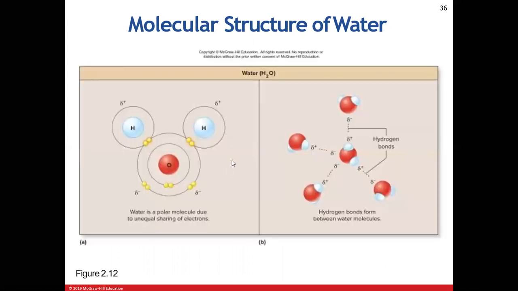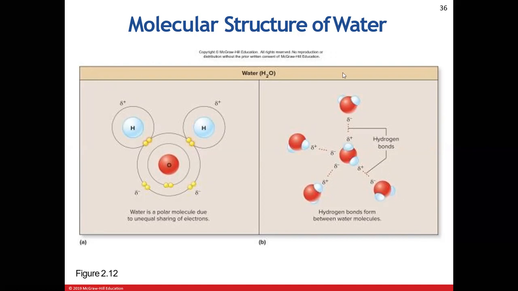And so if we look at this again, here you have your oxygen, here you have your hydrogen. Again, unequal sharing of those electrons. The oxygen tends to pull it in a little closer. So it makes this a little bit more negative, and it makes the hydrogen a little bit more positive, okay? Just a small amount.